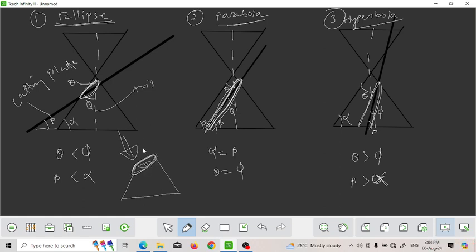These are called ellipse. Okay, after cutting you can obtain this, from the top view you can see, these are the ellipse. Similarly you can obtain the parabola.